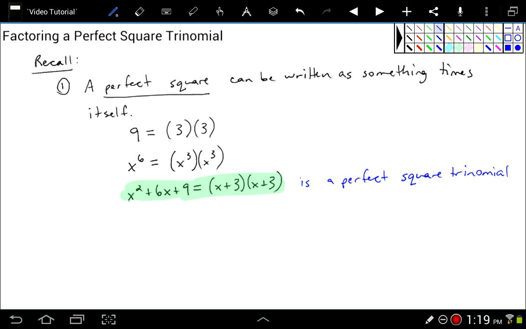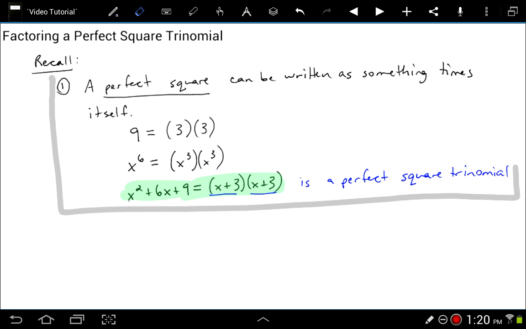Any trinomial that factors as something times itself is a perfect square trinomial, right? Okay, good. Now let's practice something else that we need to remember before we start factoring these.